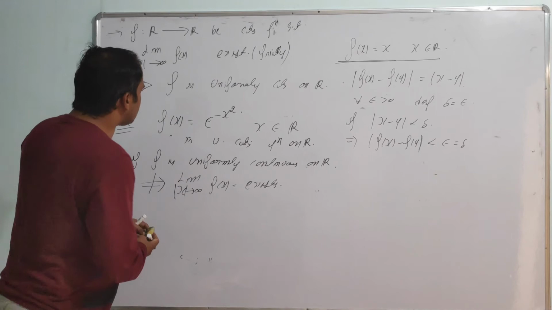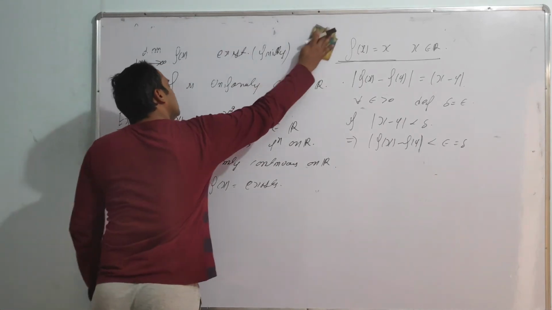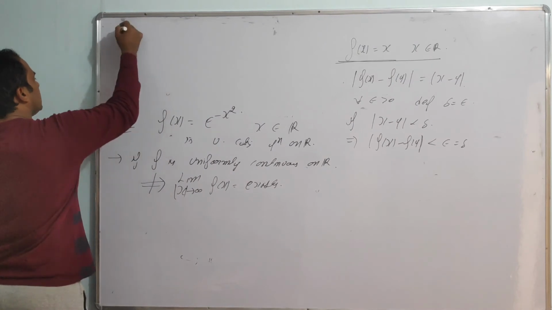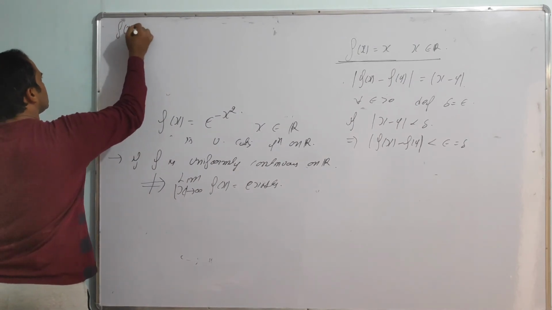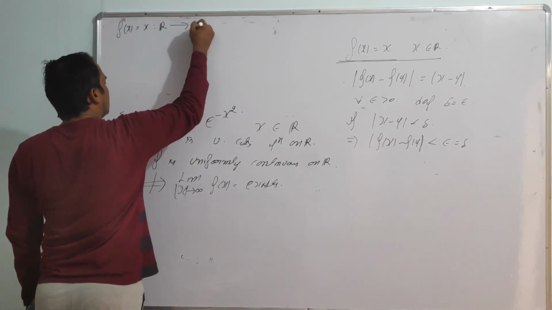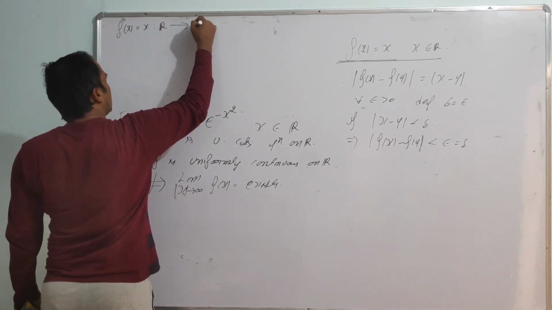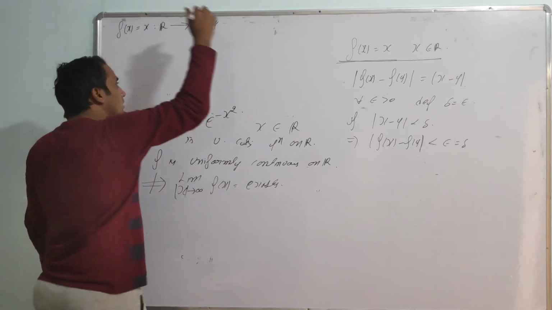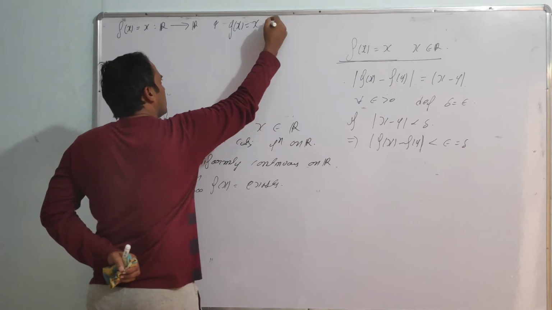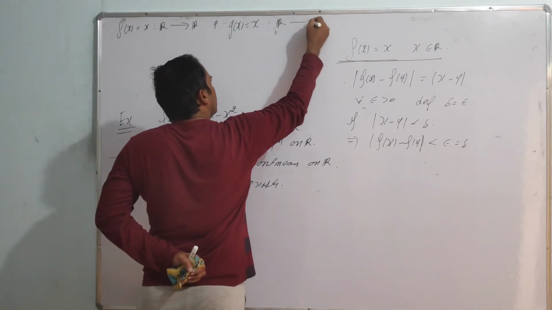And next, let's take some examples. First one, if we take f(x) equal to x, which is defined from the real line to the real line, and g(x) is again x, again defined from the real line to the real line.